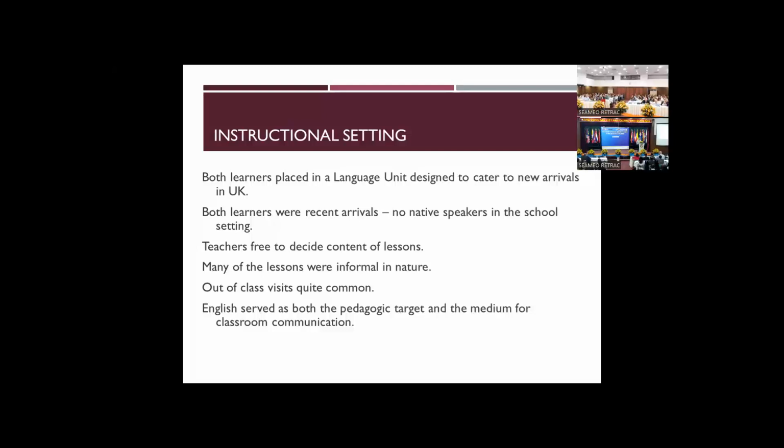So they were placed in a small class which was very mixed, with learners from very different backgrounds speaking very different first languages. The classrooms were very informal, so there ought to have been lots of opportunities for communicating quite naturally.